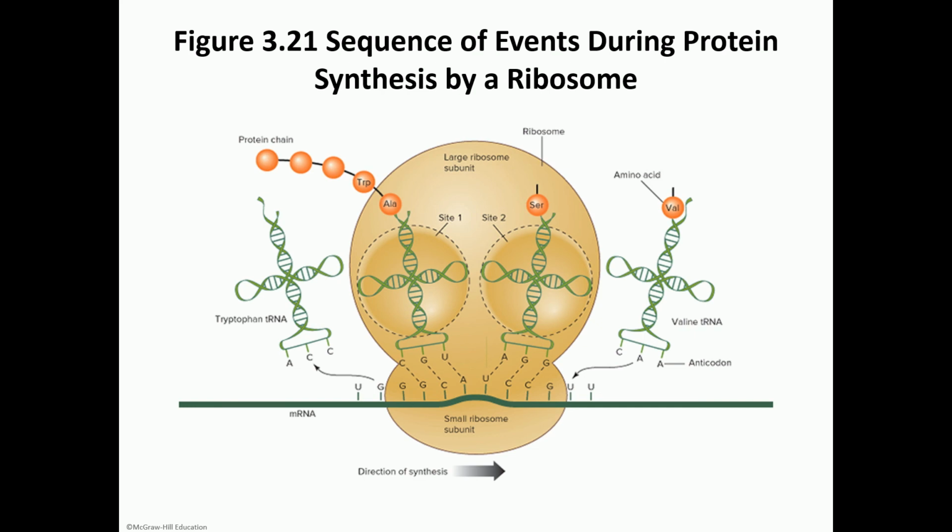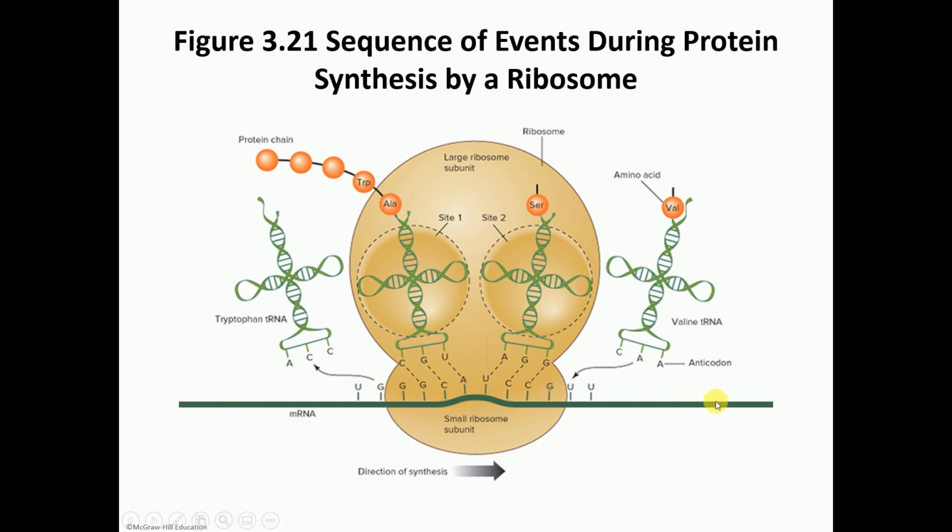The whole process of protein synthesis occurs in this bigger yellow structure known as the ribosome. You can see here that we read the messenger RNA. It's kind of like you're pulling the messenger RNA through that ribosome and reading in this direction.